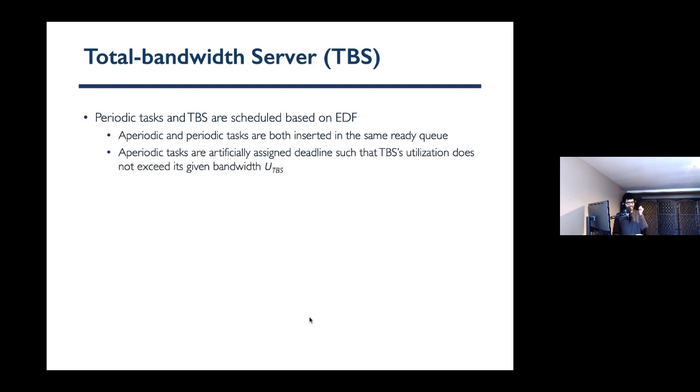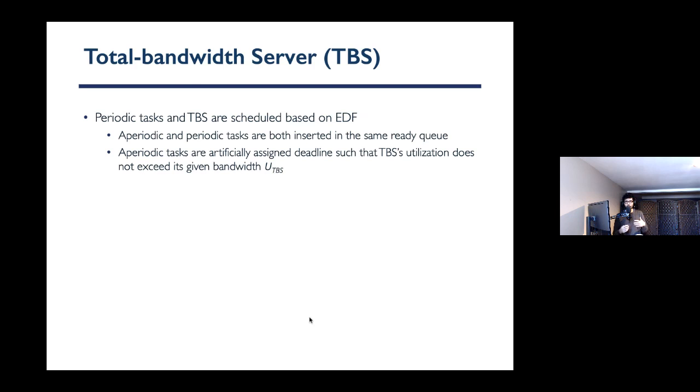Now, in this one, we're going to actually turn our aperiodic tasks, manually or artificially assign periods to our tasks. See, when you're doing EDF, all EDF cares about is your deadline. So if EDF knows your deadline, it can schedule you. It can assign you a priority.